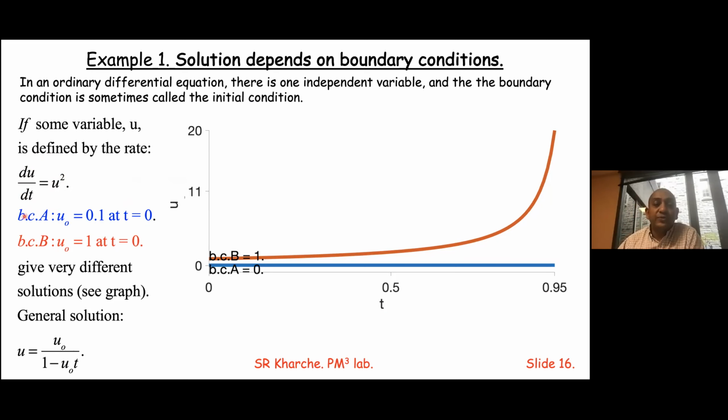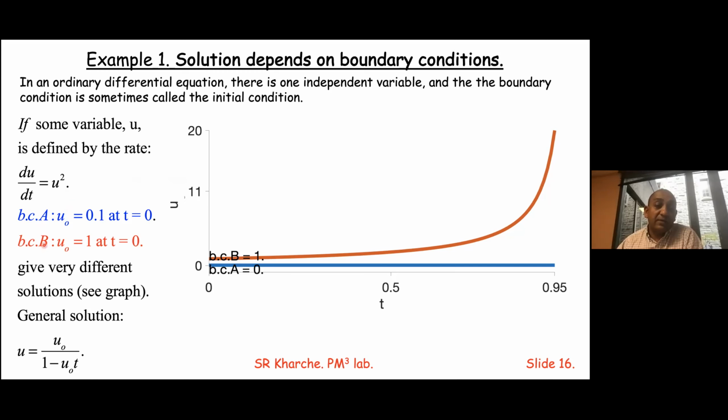And I choose 2 boundary conditions. The first boundary condition is that u at time t equal to 0 is 0.1, arbitrary. I just picked this. It doesn't have to be 0.1, it can be anything. So the blue boundary condition I pick is the initial value of u is 0.1.